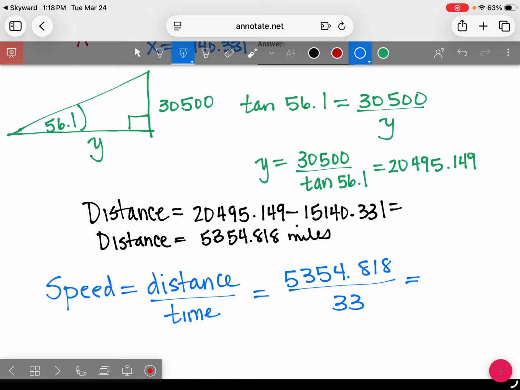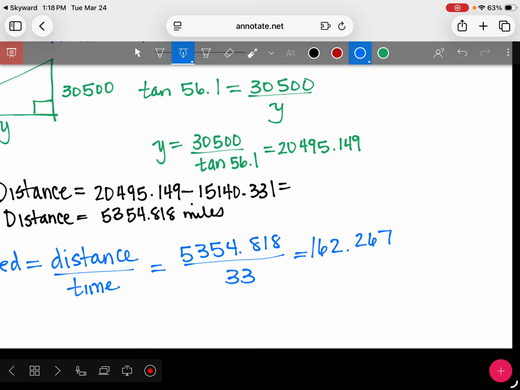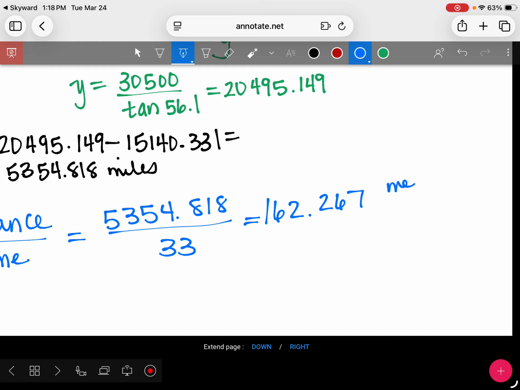And when I did that, I got that the speed was 162.267. And then my unit is meters, because your distance is meters over seconds.